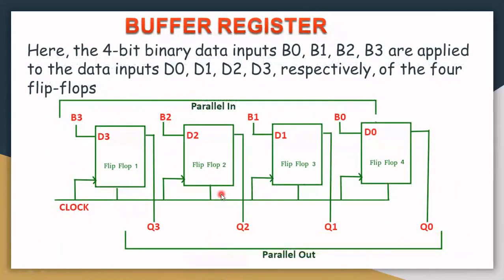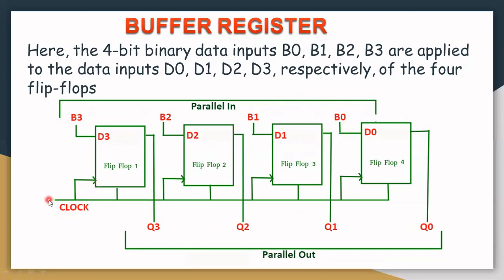This is the logic diagram of the parallel in, parallel out or buffer register, in which we have 4 inputs D0, D1, D2, D3 represented by B0, B1, B2 and B3. B3 is the most significant bit and B0 is the least significant bit. Then outputs Q0, Q1, Q2, Q3.